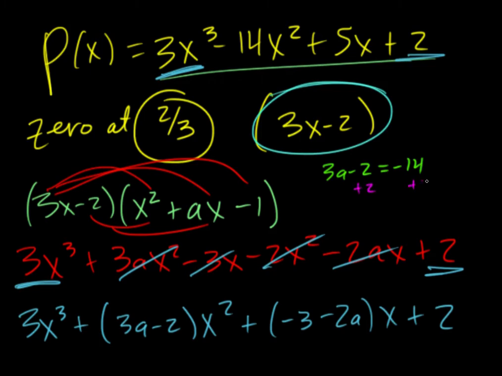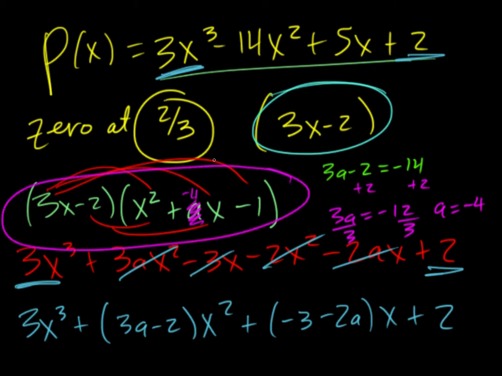So we're going to add 2 to both sides. 3a equals -12. Divided by 3, a is equal to -4. And so we can replace this with a -4. And that would be our final answer. So 3x minus 2, quantity, times x squared minus 4x minus 1.